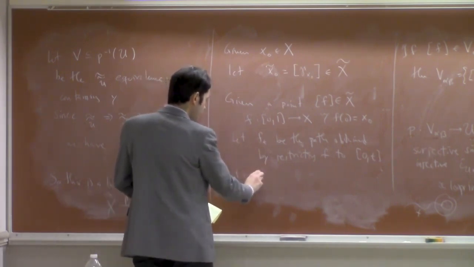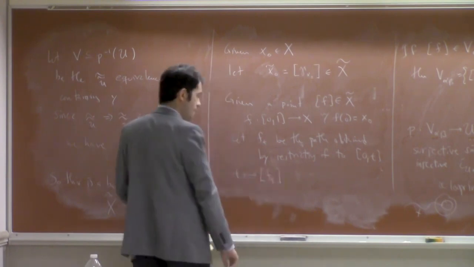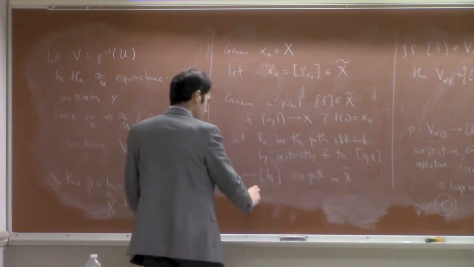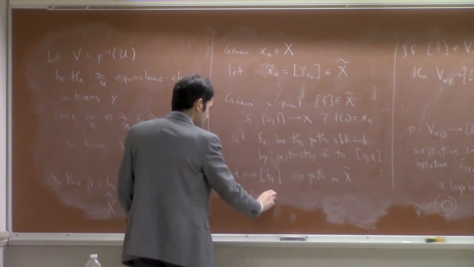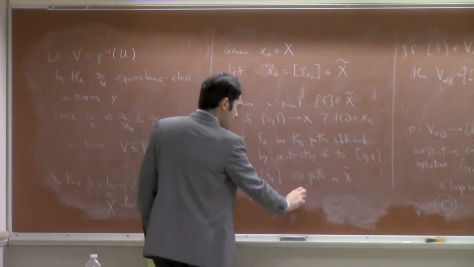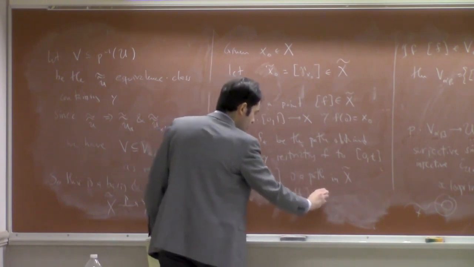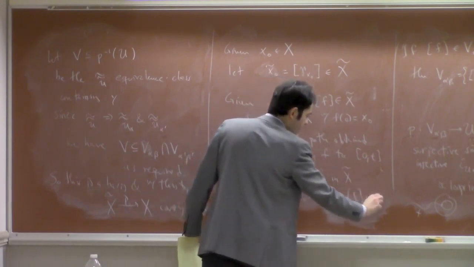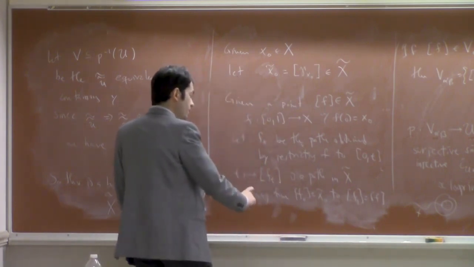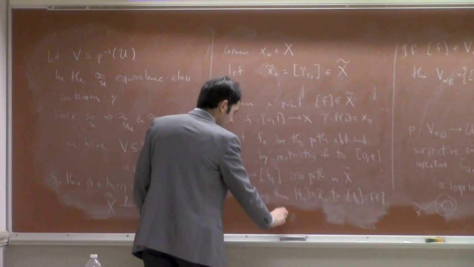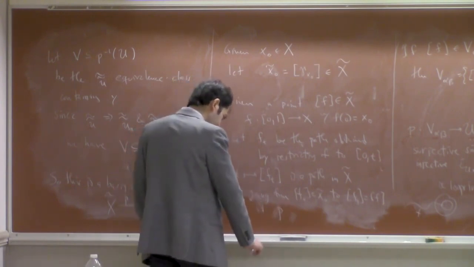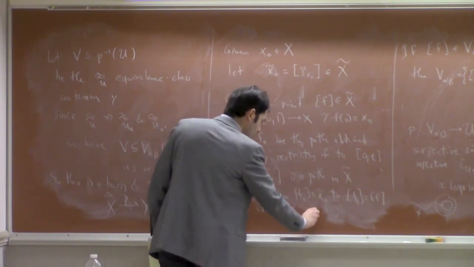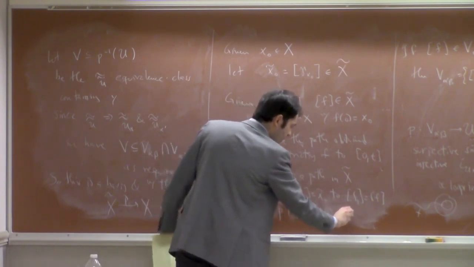So then t maps to the path homotopy class of f_t is a path in X tilde going from the class of f0, which is X naught tilde, to the class of f1, which is the class of f, such that p of f_t is equal to f_t at 1, which is just f of t.